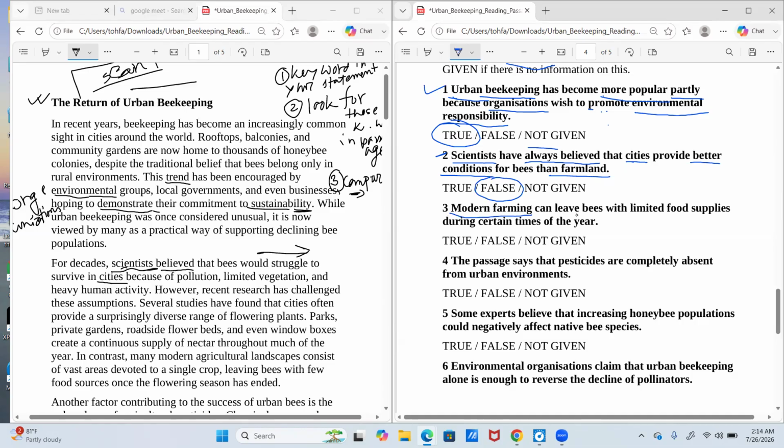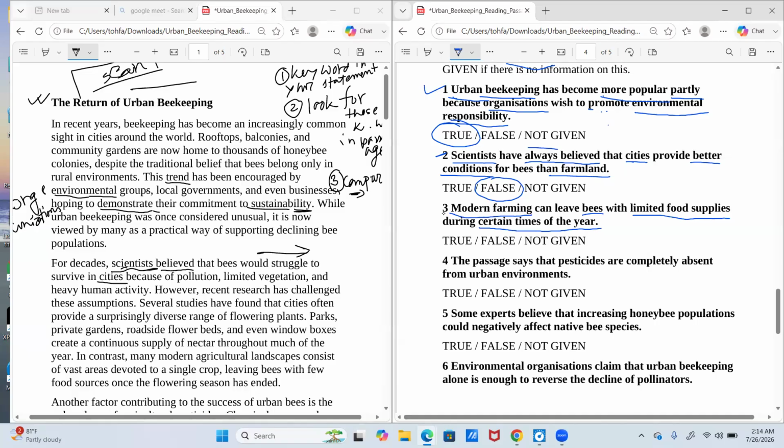Yes, then bees, limited food supplies, yes, this is a very good clue. Afterwards, certain times of the year. Yes, because there is a difference between the phrase certain times of the year and all around the year.